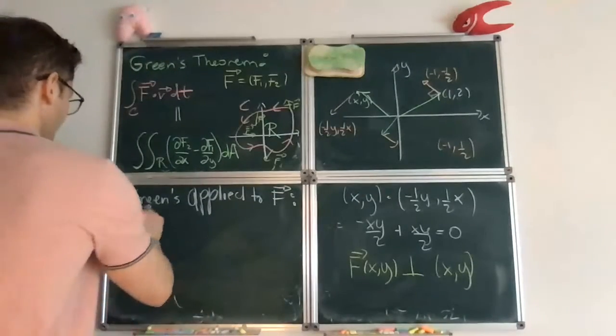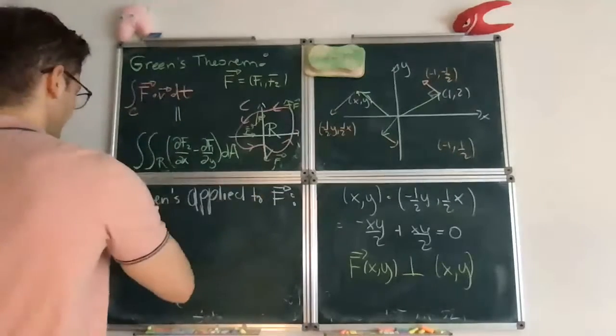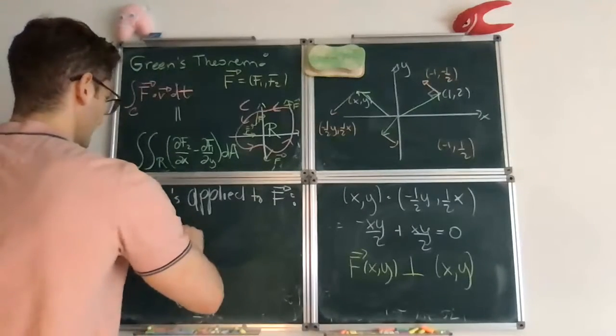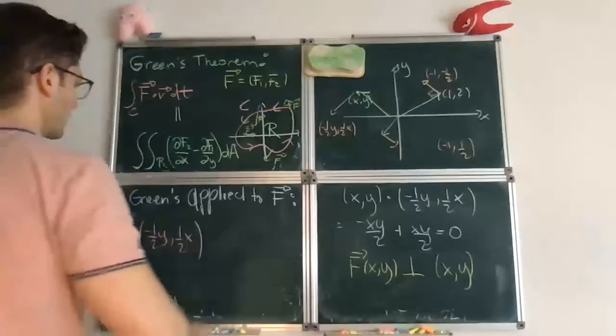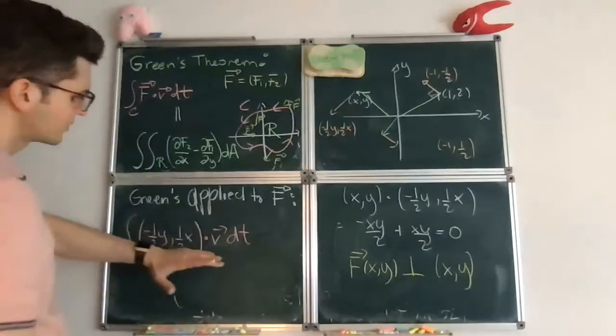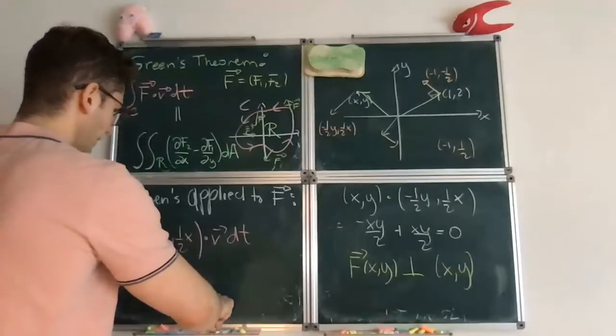Then you get that the line integral of f, which is minus 1/2 y, comma 1/2 x, dot r prime dt. This is not too important. This is just like the usual expression for our integrals.